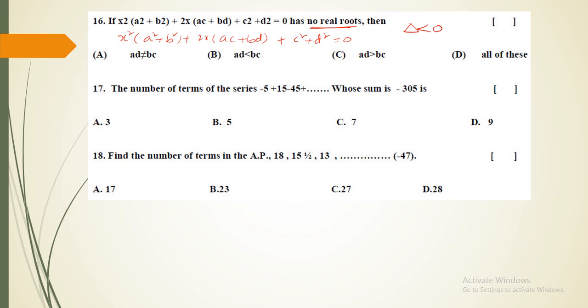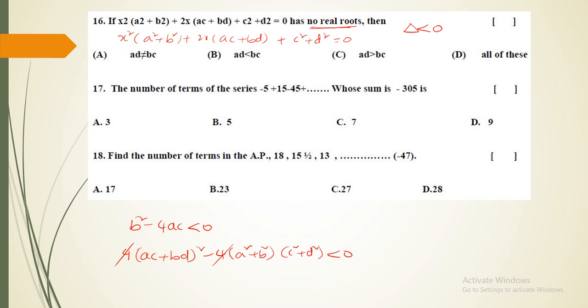So delta less than 0 means b square minus 4ac is less than 0. So what is b square here? b square is 2 square, 4 into ac plus bd whole square, minus 4 times a square plus b square into c square plus d square, less than 0.